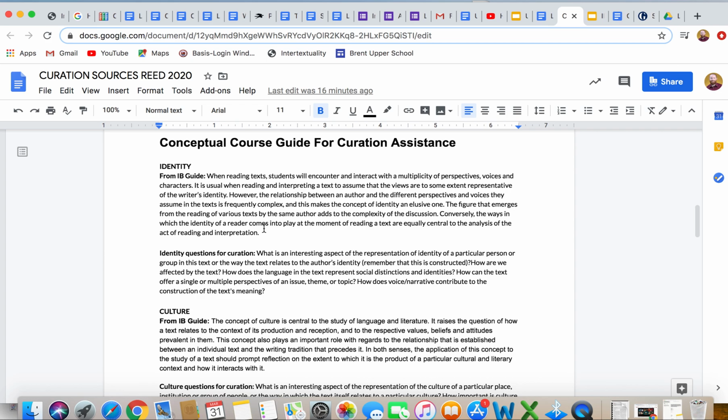self-sustain here, when you want to curate a particular conceptual page, I'd like you to go ahead and read first. Let's say you decide you want to do some stuff on identity because you've seen something that really inspired you. Maybe you're watching Netflix or something on YouTube, or you read something or had a good conversation with a friend about something identity related. Read from the IB guide first.